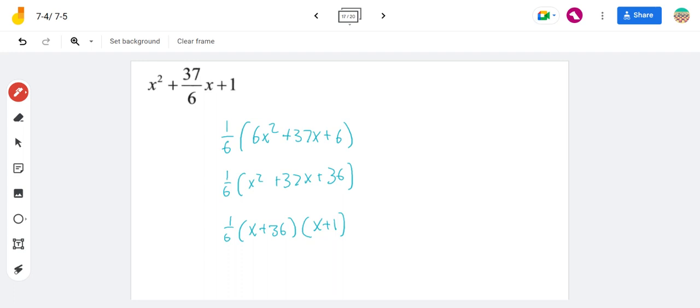I guess the next step you should use the first line. In this first line you split the 37x to 36x and x, because you need to factorize the first equation, while the second expression is your draft, right?